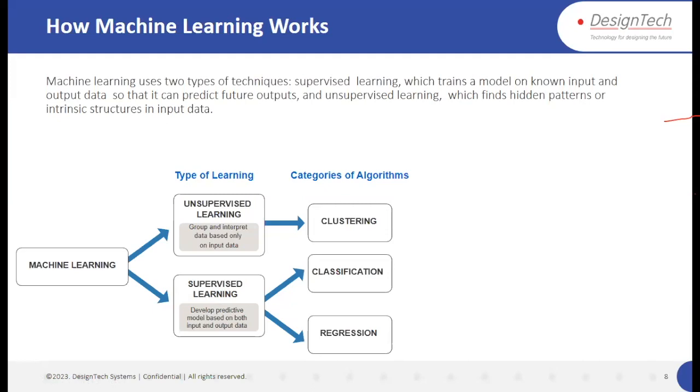So if you have your predictor variables as well as your response variable, this is the category of supervised learning. In simple words, if you know the input as well as the output, this is supervised learning. Further, we can divide supervised learning into two categories: classification and regression.